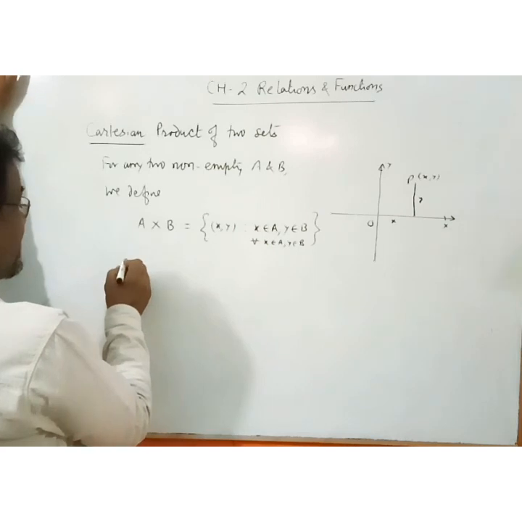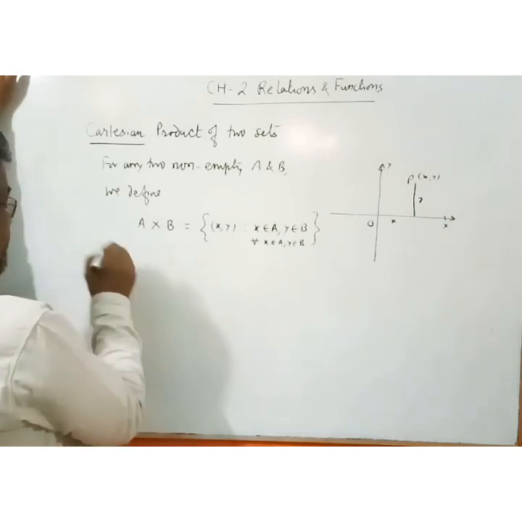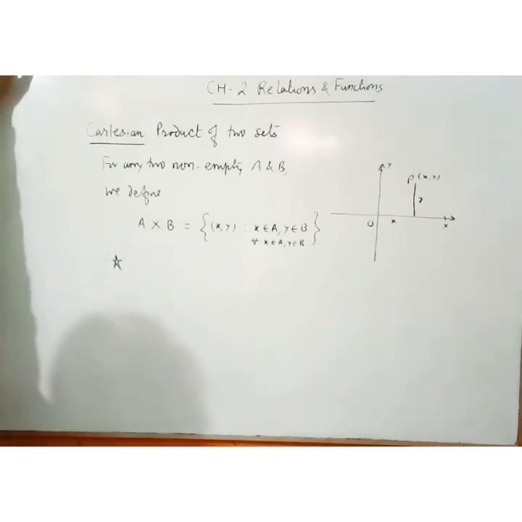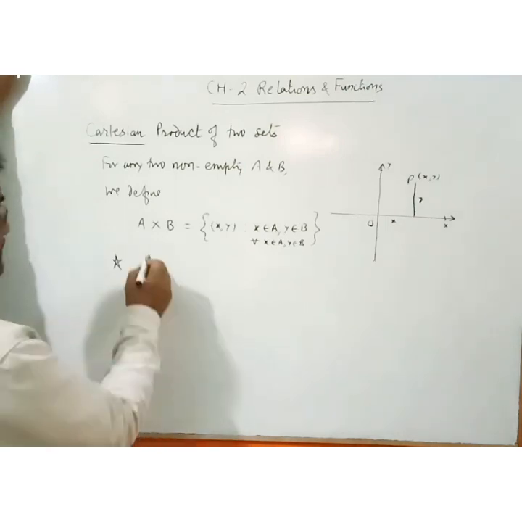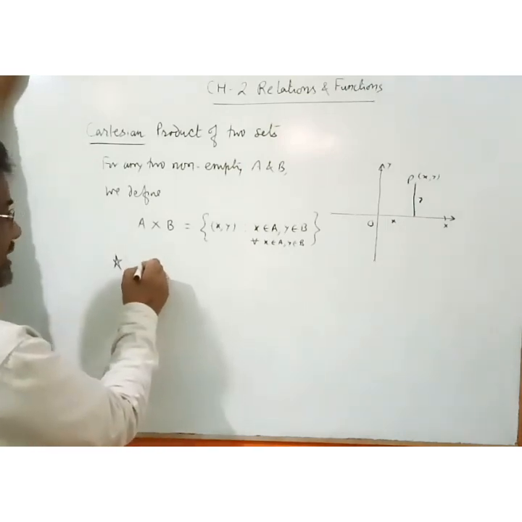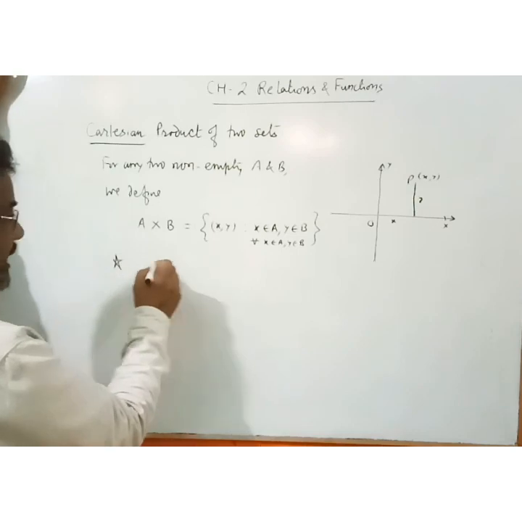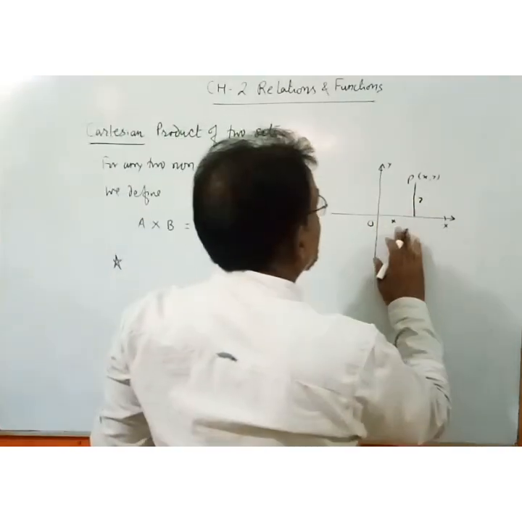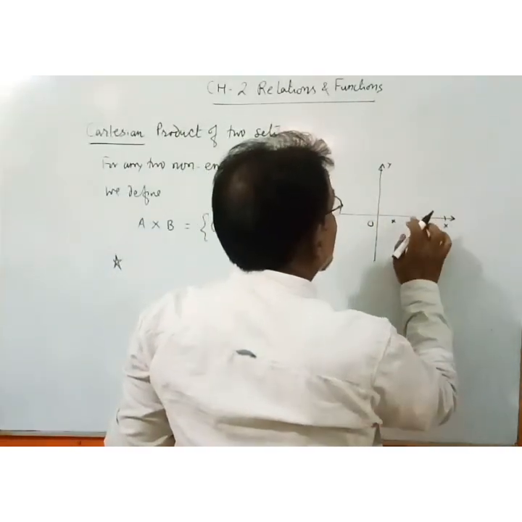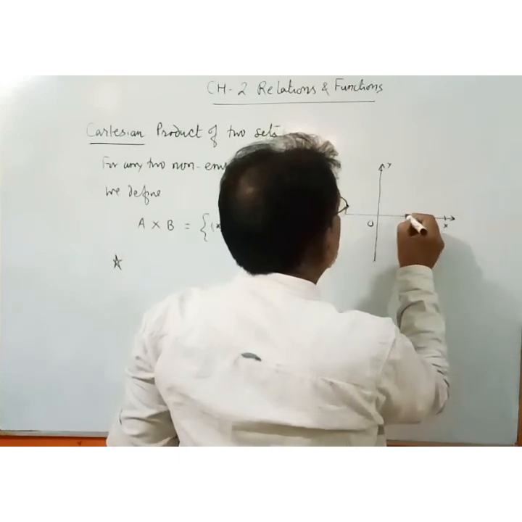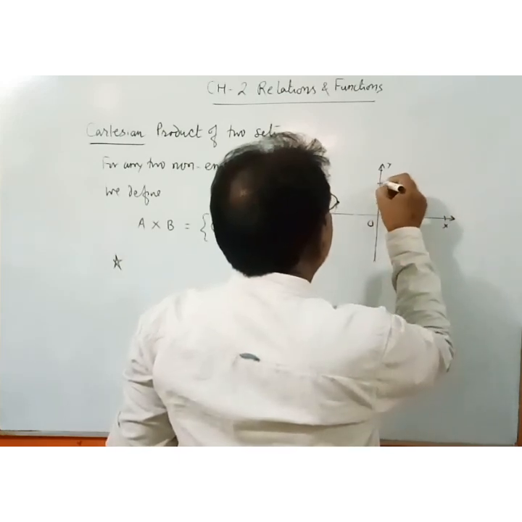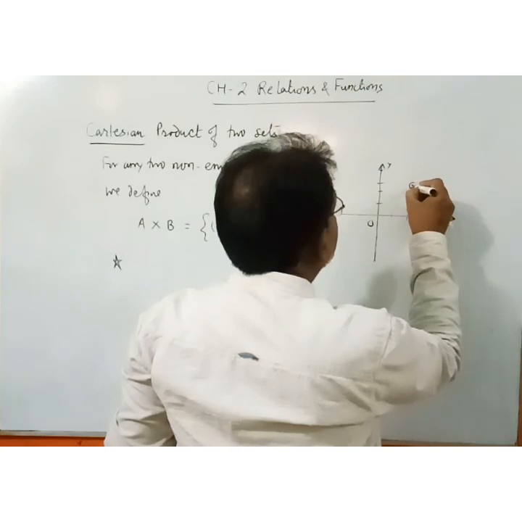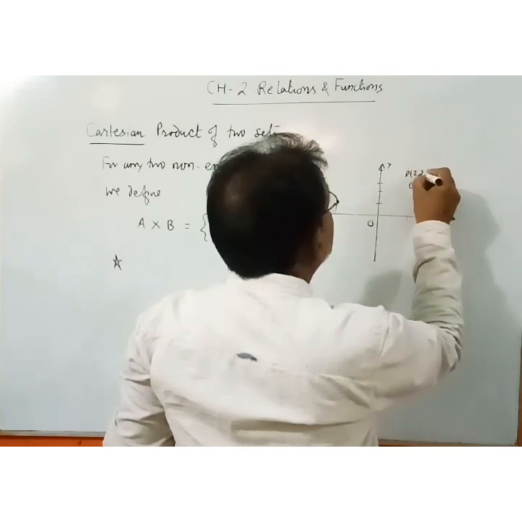From this definition we will draw some inferences. Try to understand. In the coordinate system, if I take point (2, 3), the location of the point is here, P(2, 3).